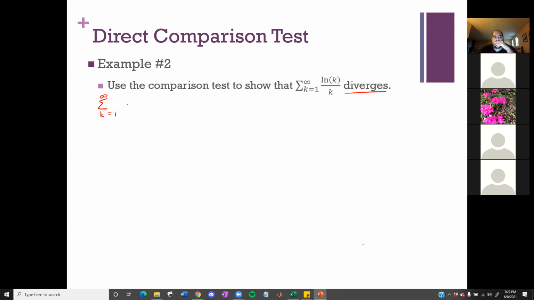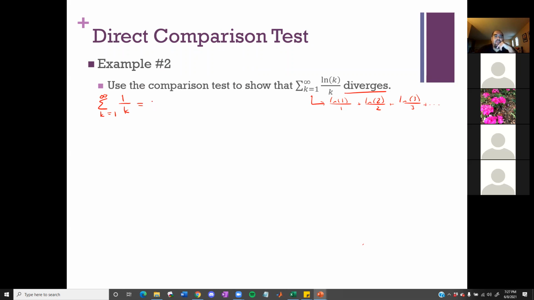Would you do 1 over k? Let's think about 1 over k. So let's look at a few terms here. This one, we already kind of looked at the first two terms. It's going to be natural log of 1 over 1, which is 0, plus natural log of 2 over 2, plus natural log of 3 over 3, and so forth.